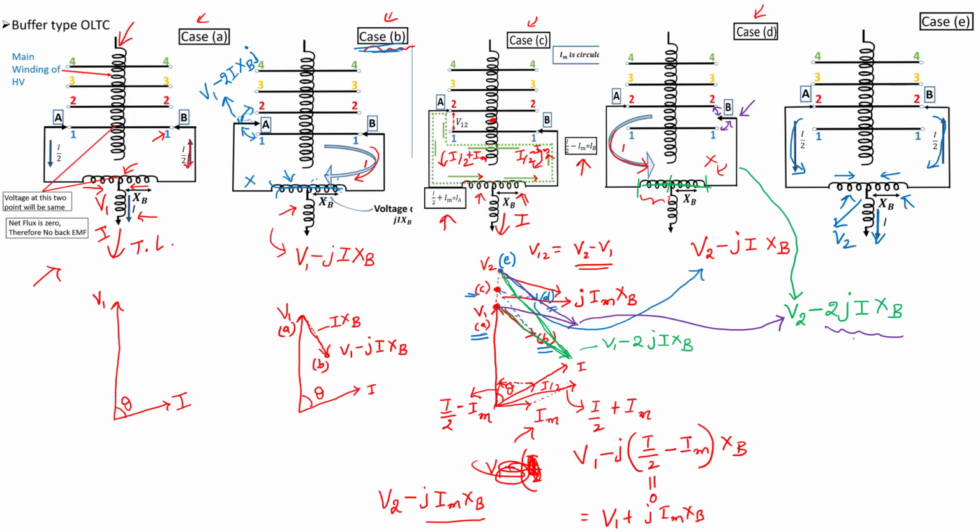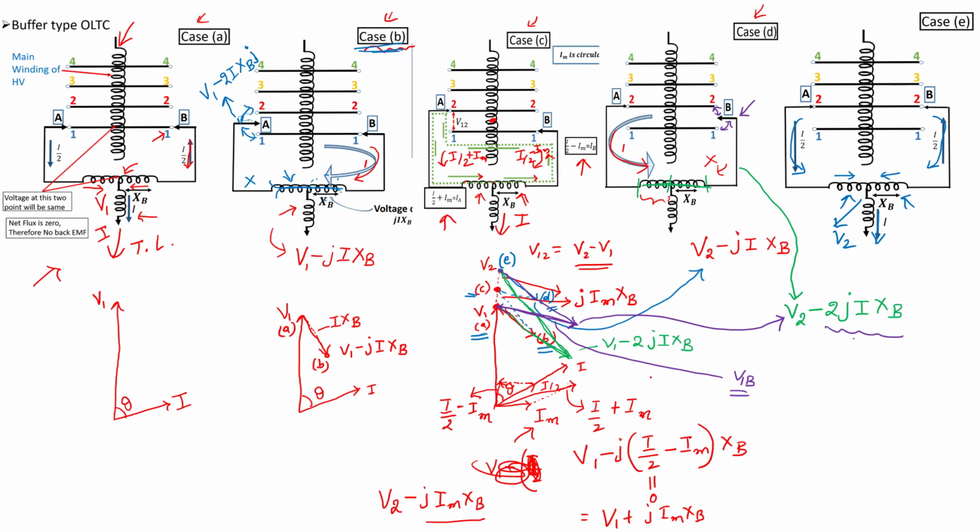So this is the phasor indicating the magnitude and direction of the voltage and the phase of the voltage. So this is the difference in voltage between V1 and B. This is V1B.